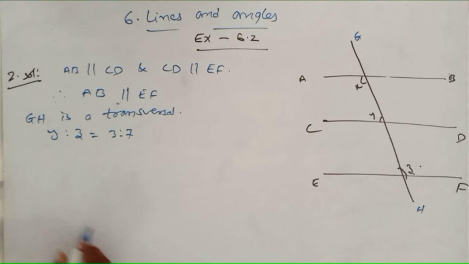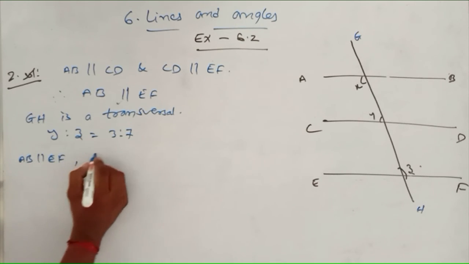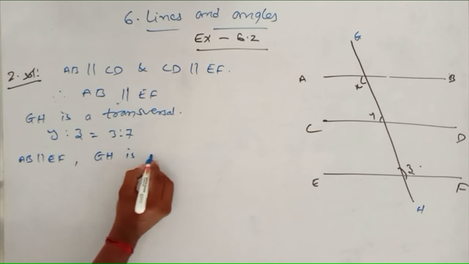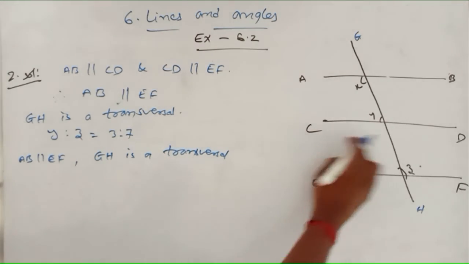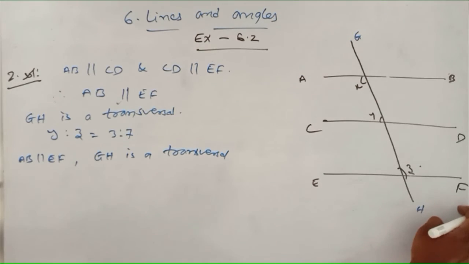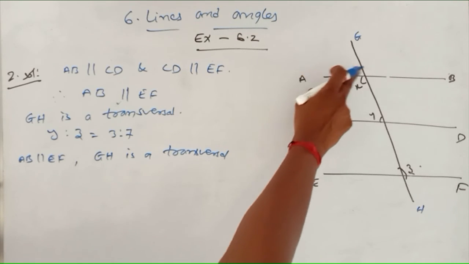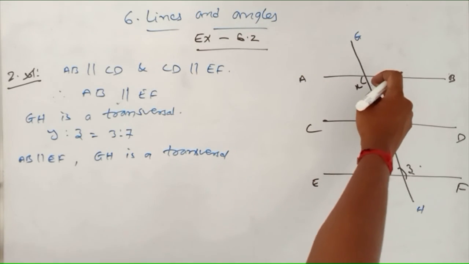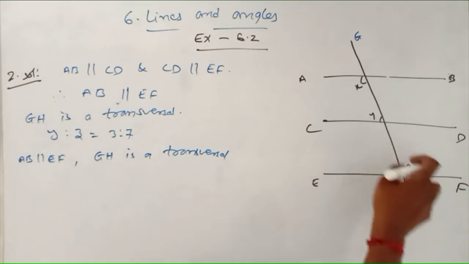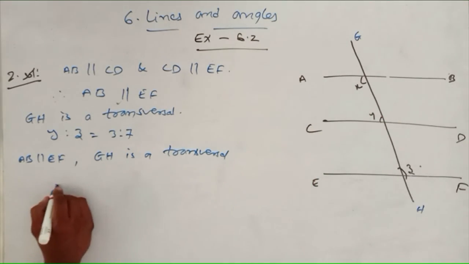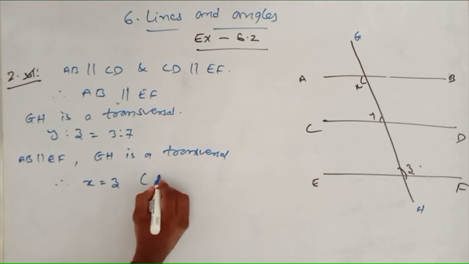I am excluding CD and taking AB and EF as two parallel lines with GH a transversal. Then x and z are alternate angles. So therefore, x is equal to z.